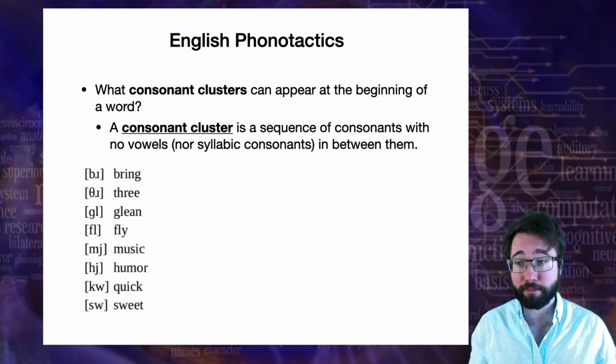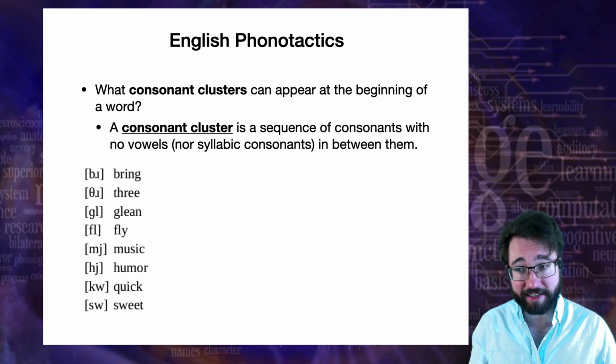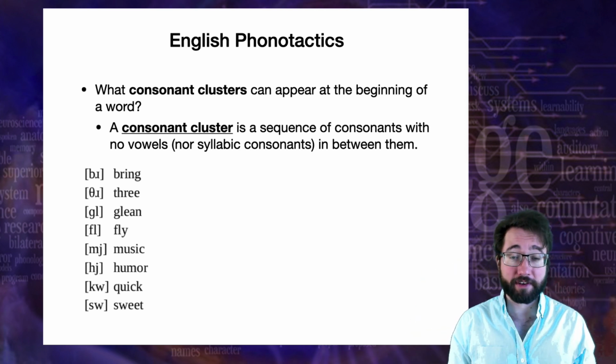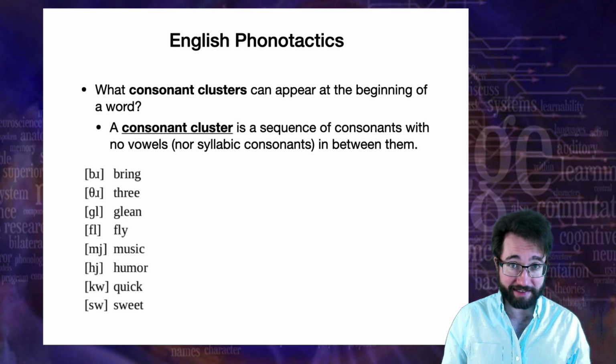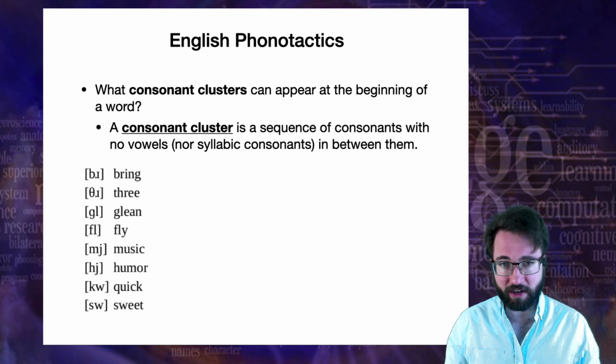We have br as in bring, thr as in three, gl as in glean, fl as in fly, my as in music, hy as in humor, qu as in quick, sw as in sweet. So we see that, first of all, it is possible to have consonant clusters consisting of two consonants. And we also see that there's likely to be certain restrictions on what two consonants can go together.